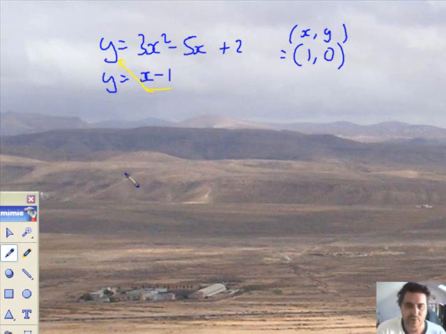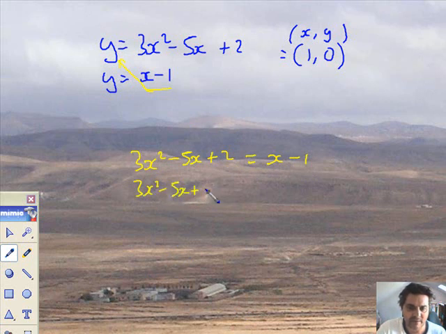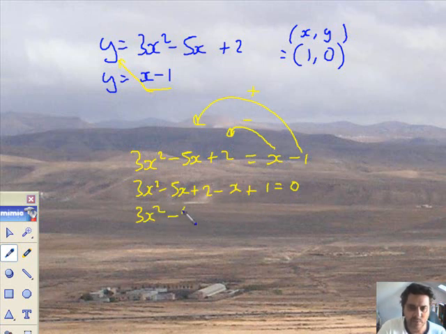I put everything on the left hand side: 3x squared minus 5x plus 2, subtract the x, and add on the 1, because it's minus on the other side. And I've got a lovely quadratic equal to 0. Tidy up a little bit: 3x squared minus 6x plus 3.